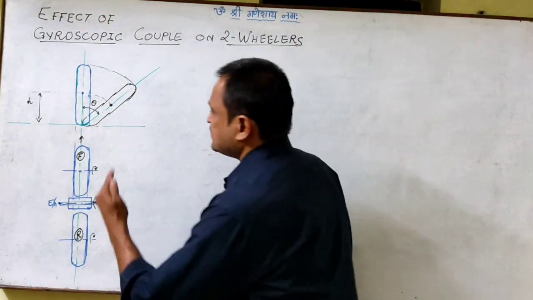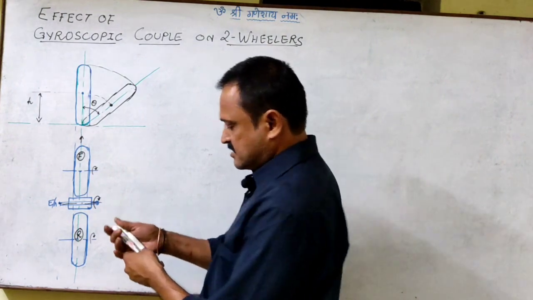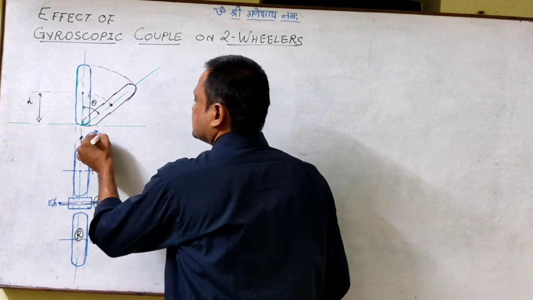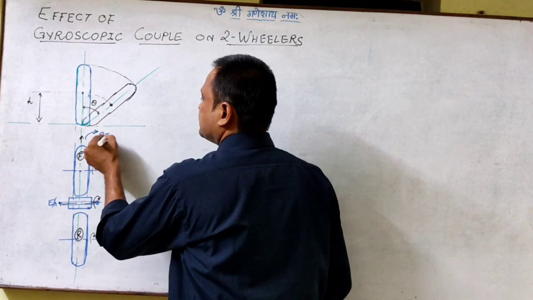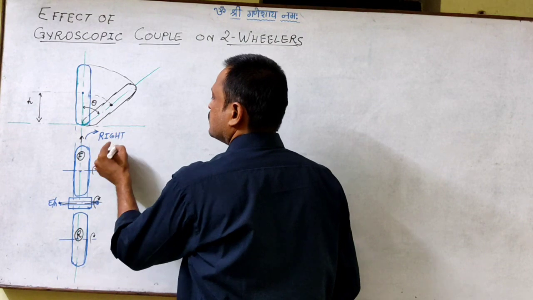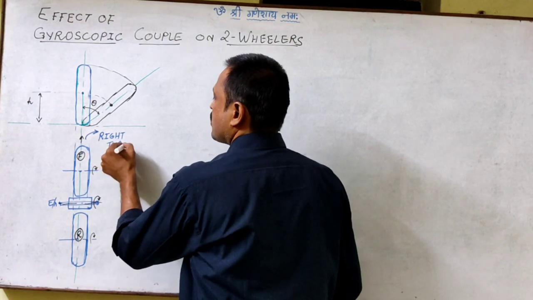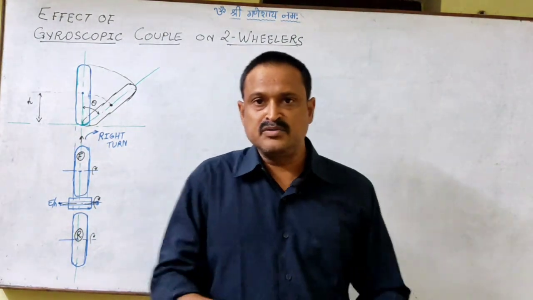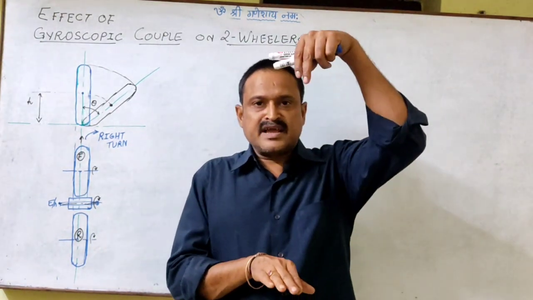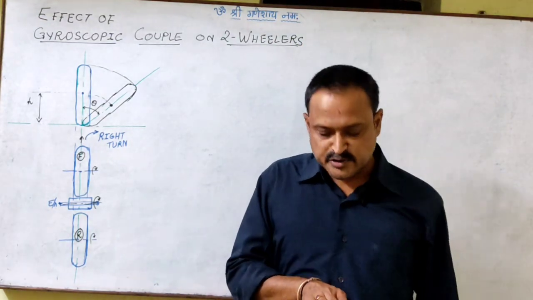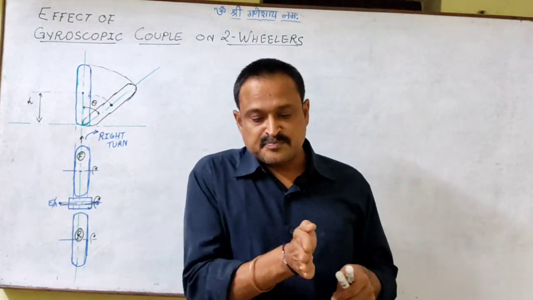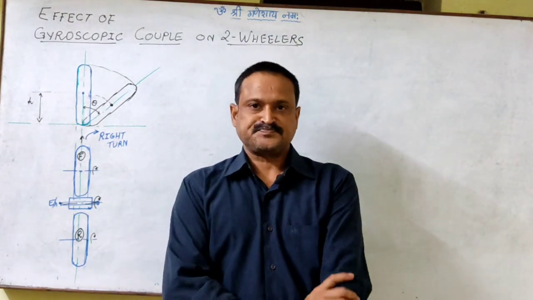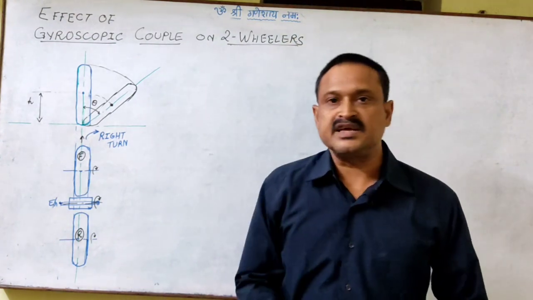Now let us say the vehicle is taking a right turn, right? Again, the turn is taking place on the ground plane, so I have to take a judgment from the top view. When I am looking from the top view, the vehicle is taking a right turn. So again, the axis of precession in this case will be the vertical y-axis.